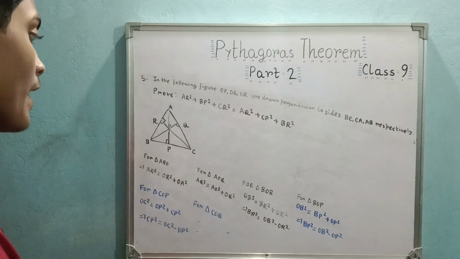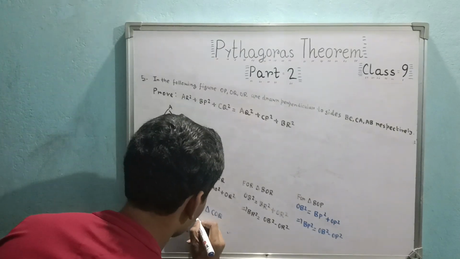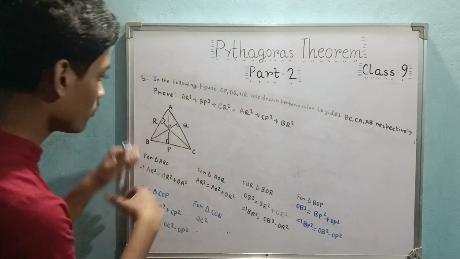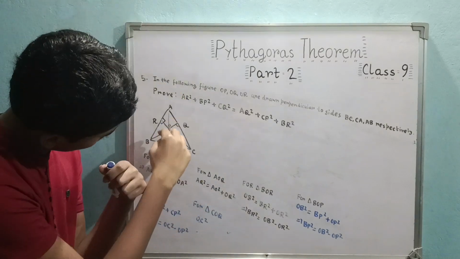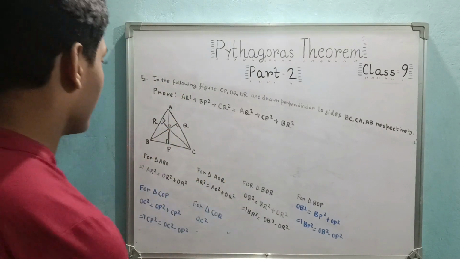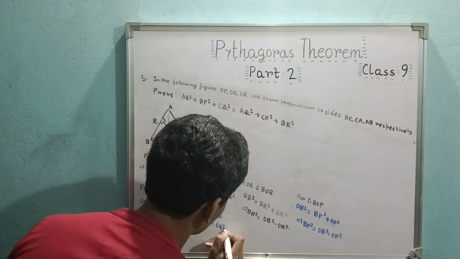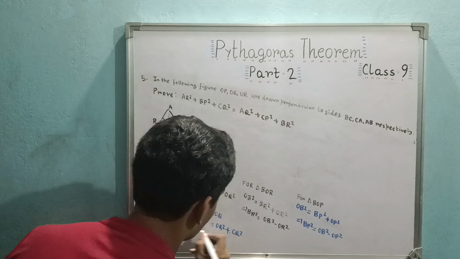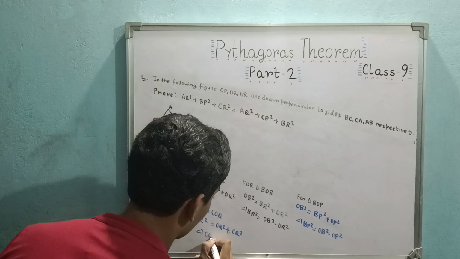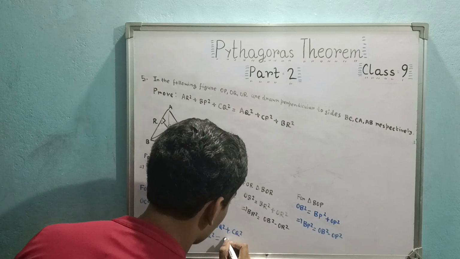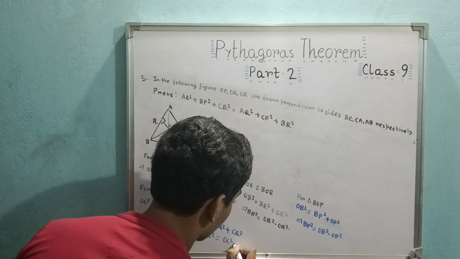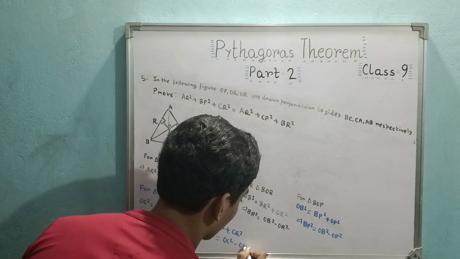So OC is the hypotenuse, right? Yes, OC is the hypotenuse. If you rotate this triangle, this is a right angle, then OC is the hypotenuse. Alright. OC square equals OQ square plus CQ square. Then CQ square equals OC square minus OQ square.